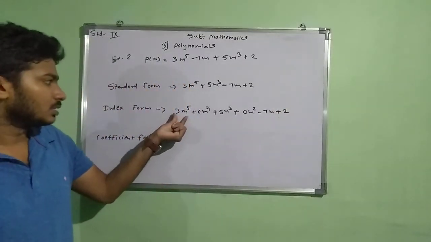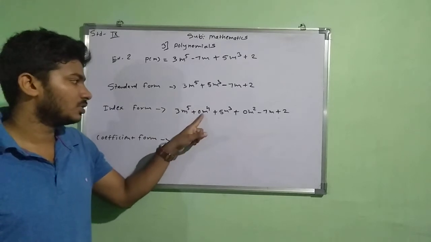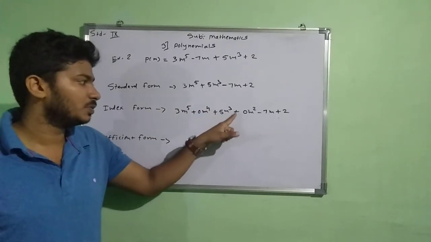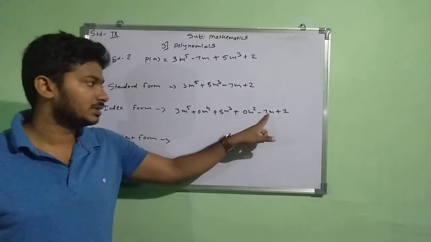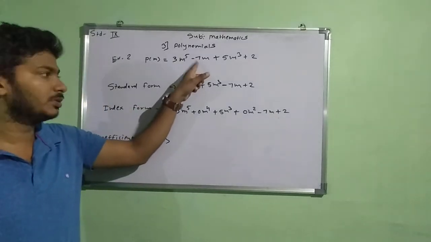So 3m raised to 5 plus 0m raised to 4 plus 5m cube plus 0m square minus 7m plus 2 will be the index form of our given polynomial.